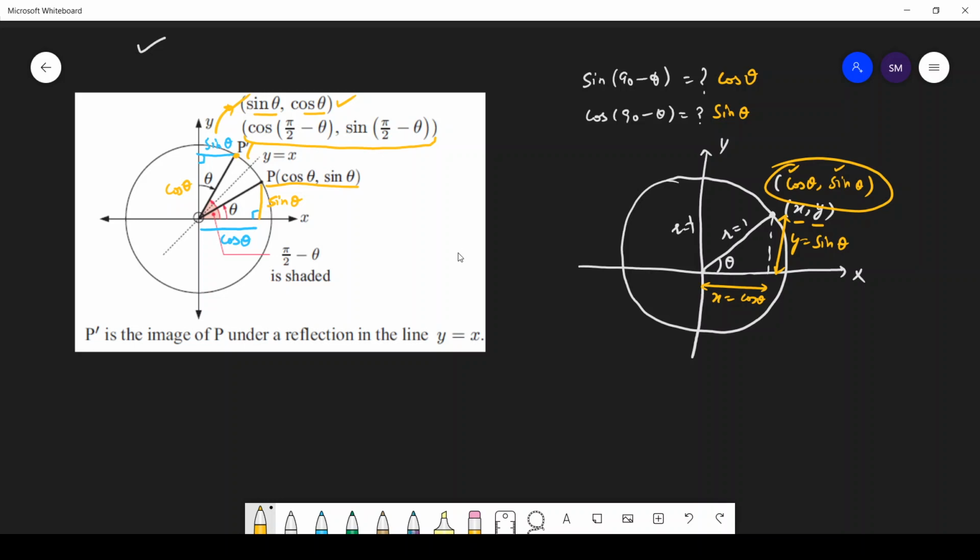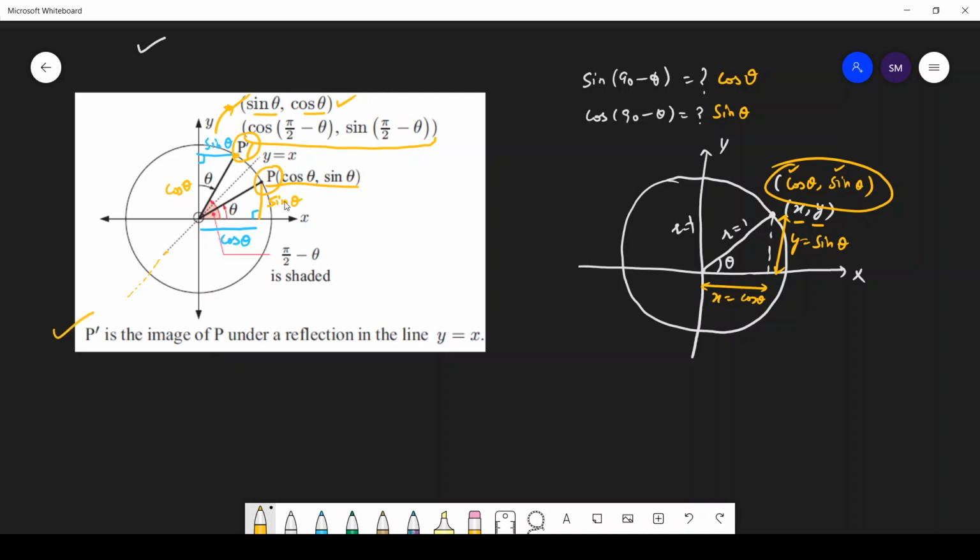Here this line you see is y equals x. So this P dash is the image of P under the reflection in the line y equals x.